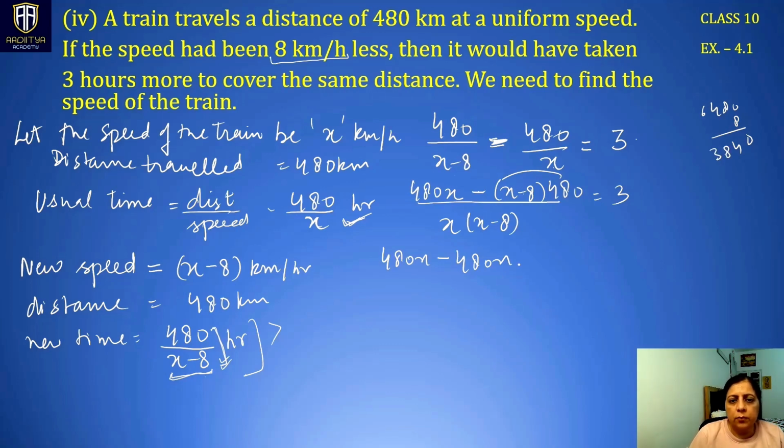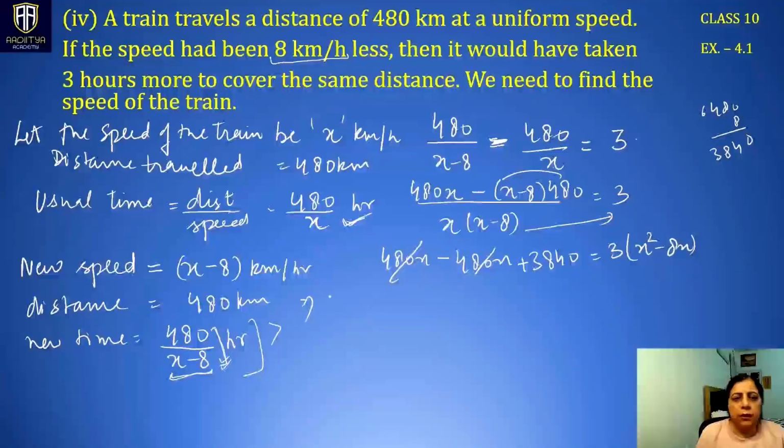This becomes positive 3840, and this thing goes into the right hand side: 3x square minus 8x. I have taken this to the right hand side, so this thing gets eliminated. We have 3840 is equal to 3x square minus 8x.